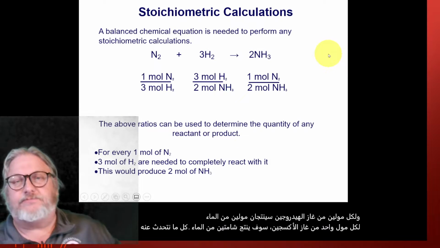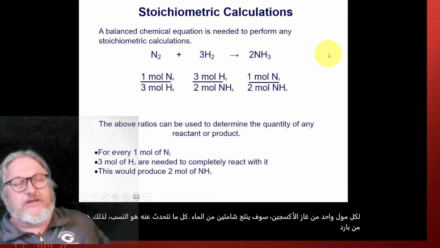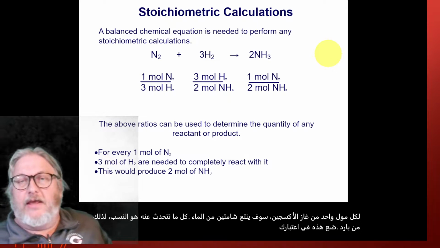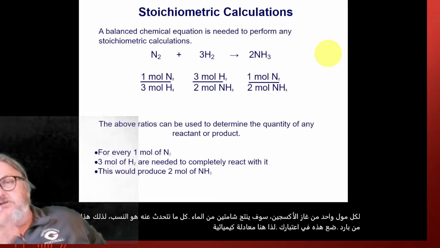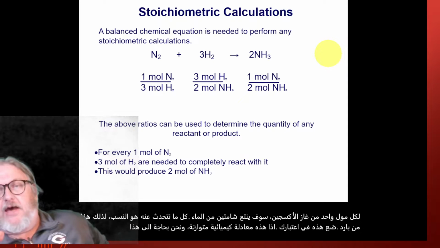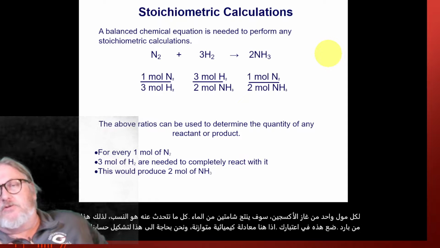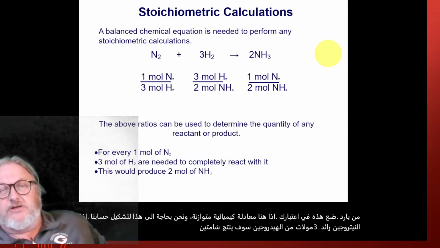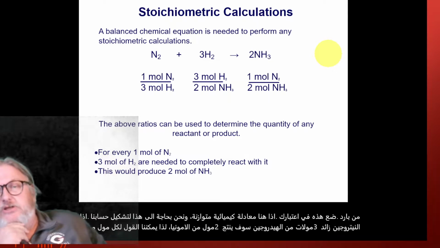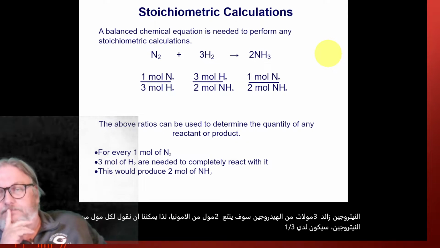Keep those in mind. So here's a balanced chemical equation, and we need this to perform our calculation. So this is nitrogen plus 3 moles of hydrogen is going to yield 2 moles of ammonia. So we can say for every 1 mole of nitrogen, I'm going to have 3 moles of hydrogen. So I can set a ratio up like that, 1 to 3.